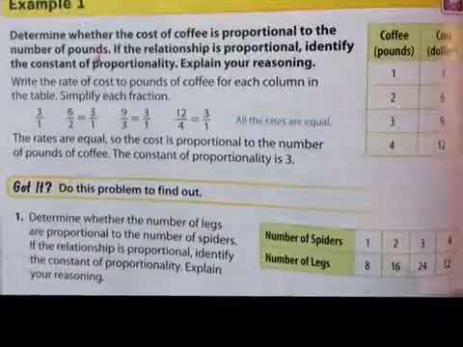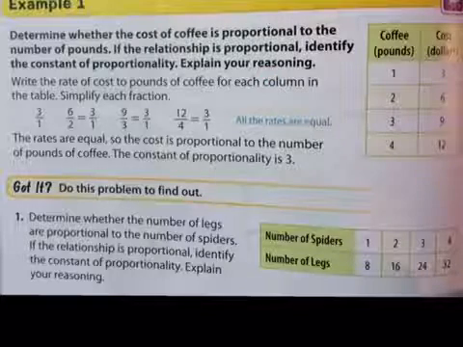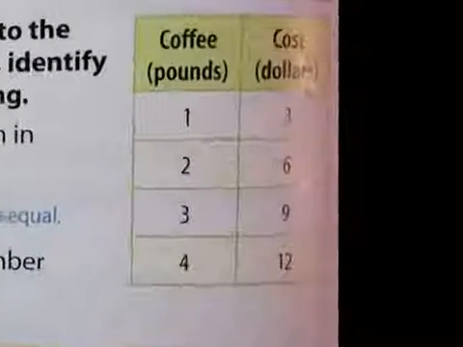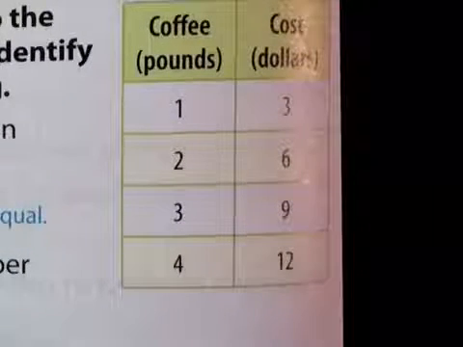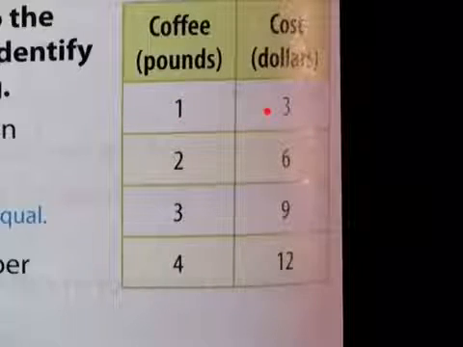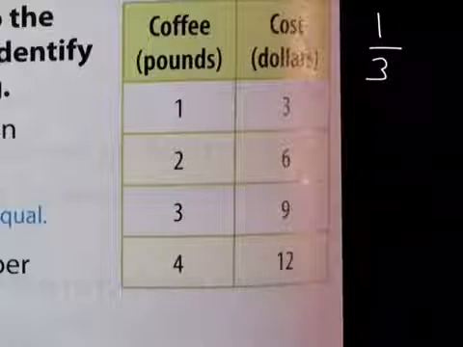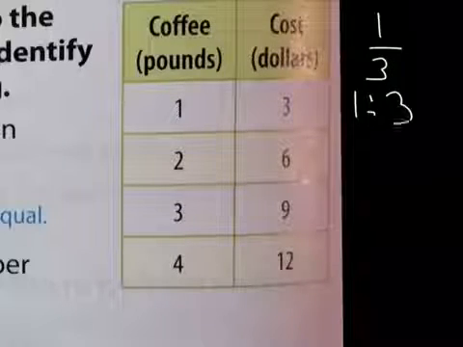For example 1, we're going to look at a table and see if this table is proportional or not. Without even reading it, we're going to talk about cost and coffee and so on. But let's just explore the table and see if it's proportional. Okay, we have 1 pound of coffee for $3. Okay, so our relationship is 1 to 3, right? Or you can write it as a ratio 1 to 3.